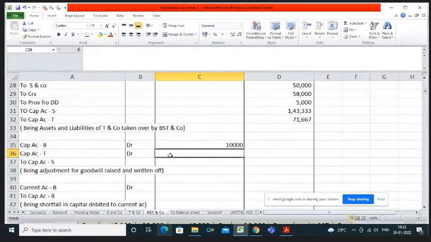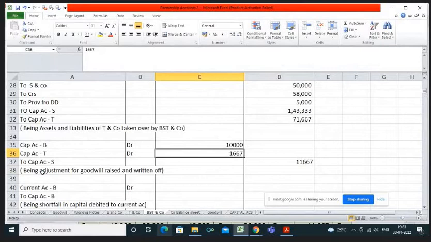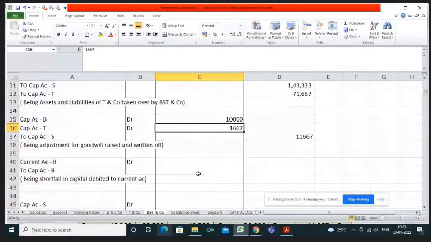T's capital account I will be debiting by 1,667. I will be crediting the S capital account by the sum total of these two, 11,667. This is the goodwill adjustment, being adjustment for goodwill raised as well as written off.